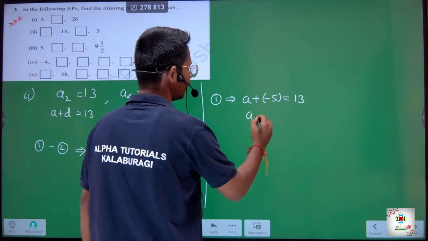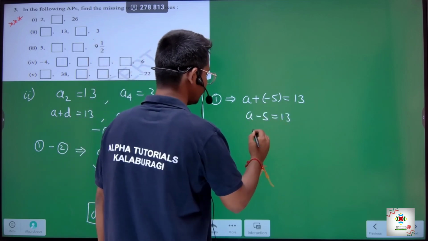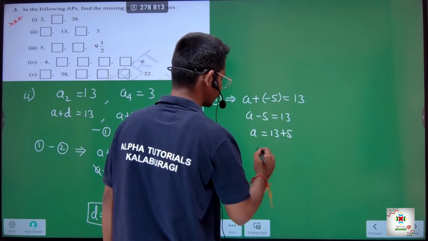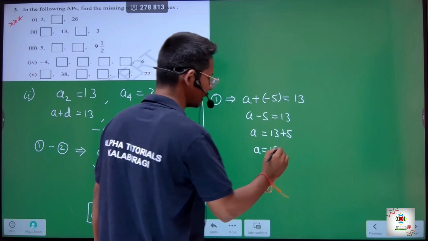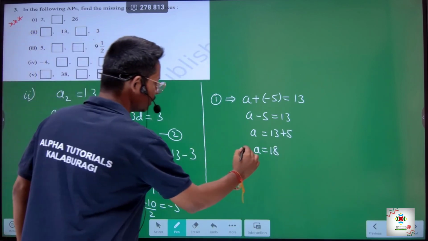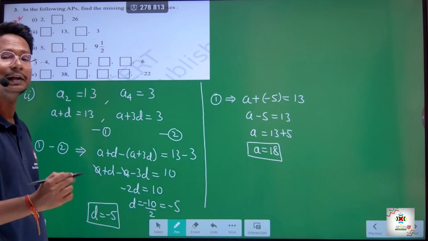A plus into minus 5 equals 13. A minus 5, I'll shift to the other side, it is 13 plus 5, so A is going to be 18. First term is 18. Once you are able to find the first term and common difference, you can find any term.